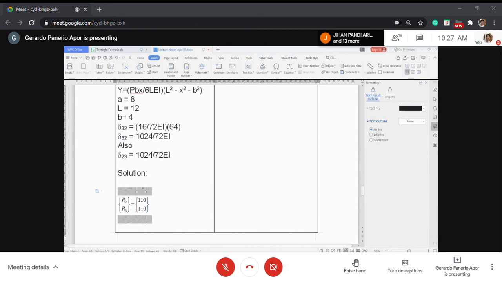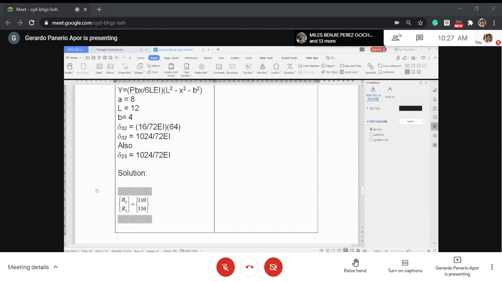You have an equation like this. Okay. So this will become 2048 divided by, actually this is 72. And here you have 1024 divided by 72.